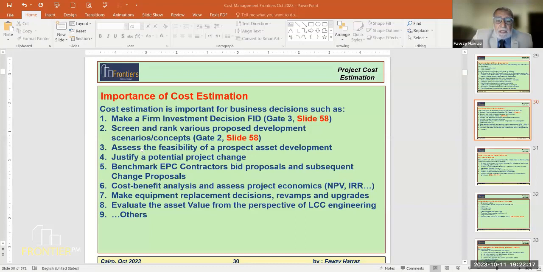Benchmark EPC contractor bid proposals. If we are tendering a job, we will be receiving, say, 3 or 4 bids. The estimator must have his own internal estimate, and he should be capable of benchmarking the 3 or 4 bids he receives against his internal estimate and making sure that there are no anomalies.